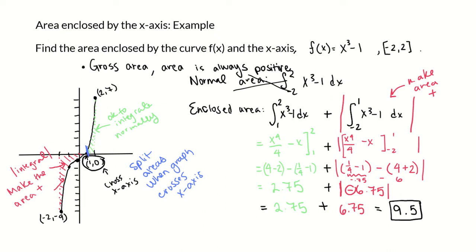Instead of just evaluating the integral from -2 to 2 like we would have normally, we needed to split our graph into pieces. And then the pieces that were negative, we needed to make them positive. So make the negative pieces positive with absolute value. So those are the two differences really when we're finding the area enclosed by the graph and the x-axis versus just finding the area under the curve or the integral.